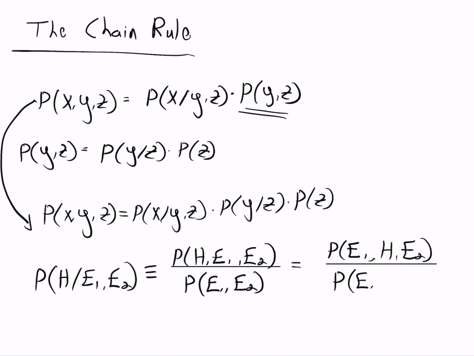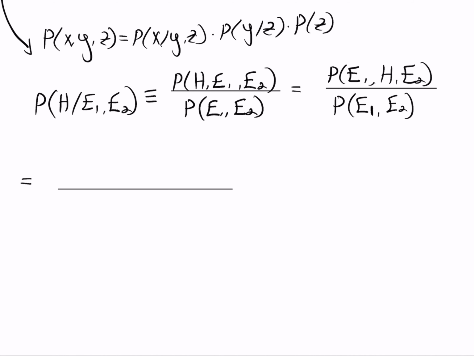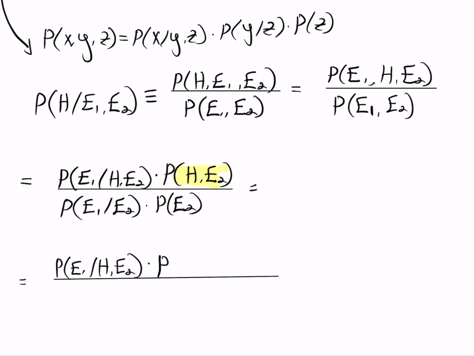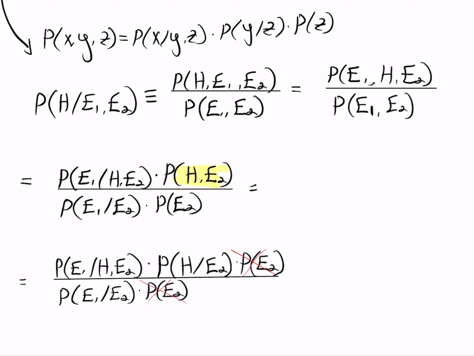I can write it slightly differently. Now, if I open the joint probability according to the chain rule, I get the following thing. Now, I can change the position of the elements here, and this is what I get. I'm left with exactly the equation that we saw before.